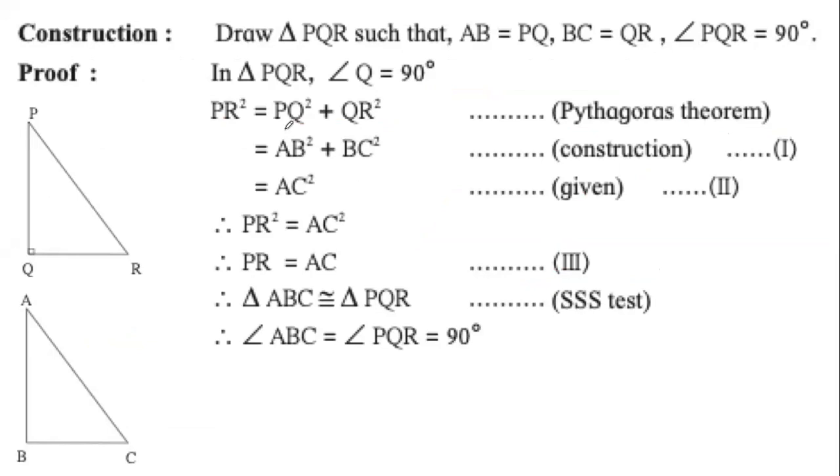This proof requires a construction of another triangle PQR such that PQ is equal to AB, QR is equal to BC, and angle PQR is 90 degrees. This is the construction we have to do. We understood how to draw triangles in previous classes. So two sides and one angle.